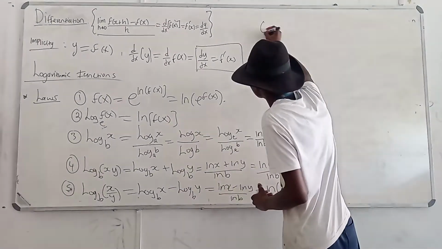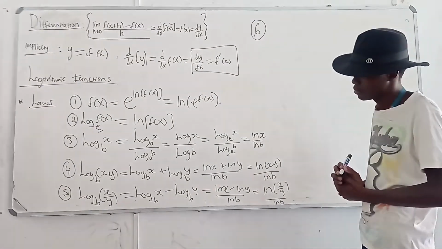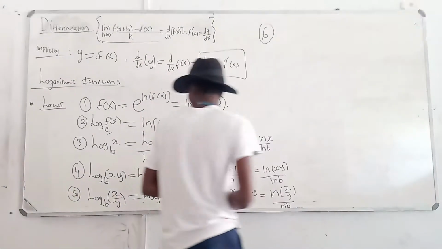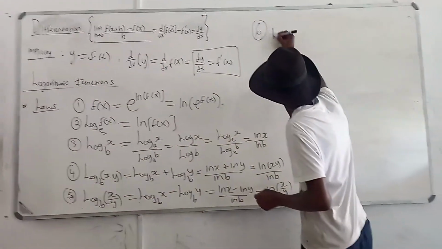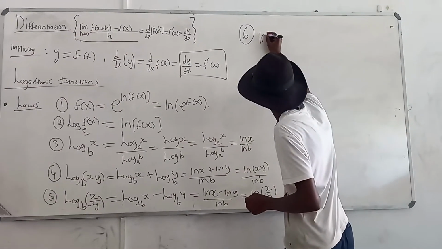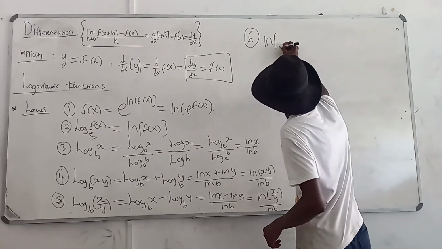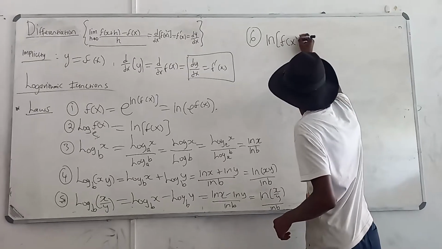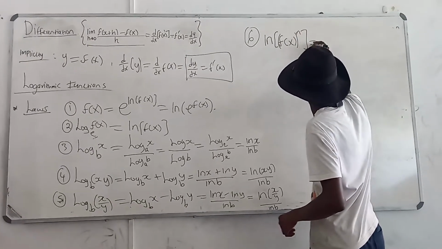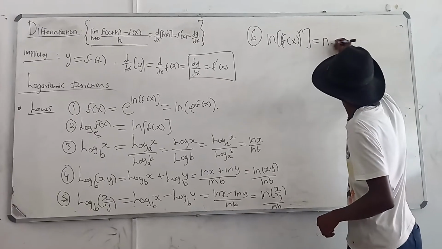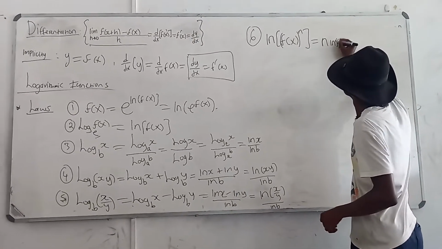So, number 6. The ln of a function all to the power n must follow: n times the ln of that function.